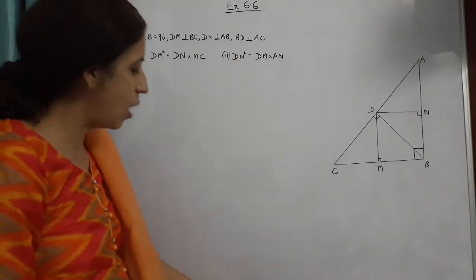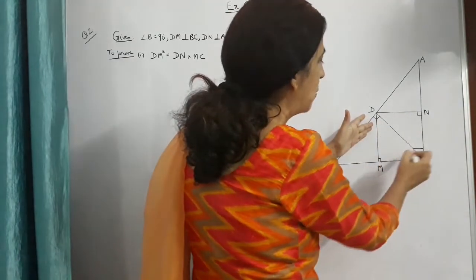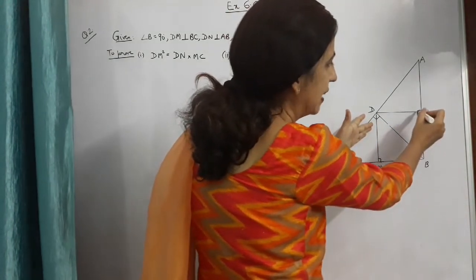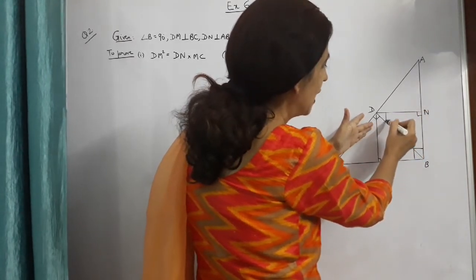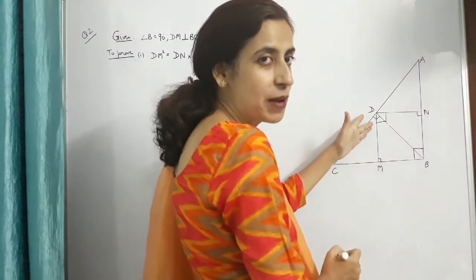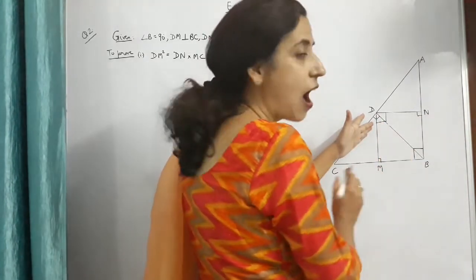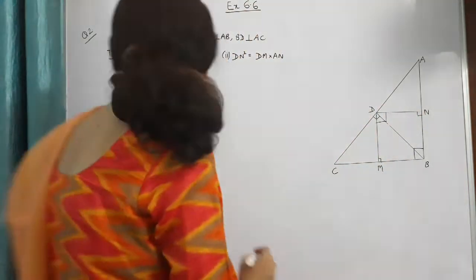Now over here, if we look at this quadrilateral DMBN, this angle is 90, this angle is 90, this angle is 90. So by angle sum property of quadrilateral, this angle will also be of measure 90 degrees. So all the angles of this quadrilateral are right angles. Therefore this quadrilateral is a rectangle.